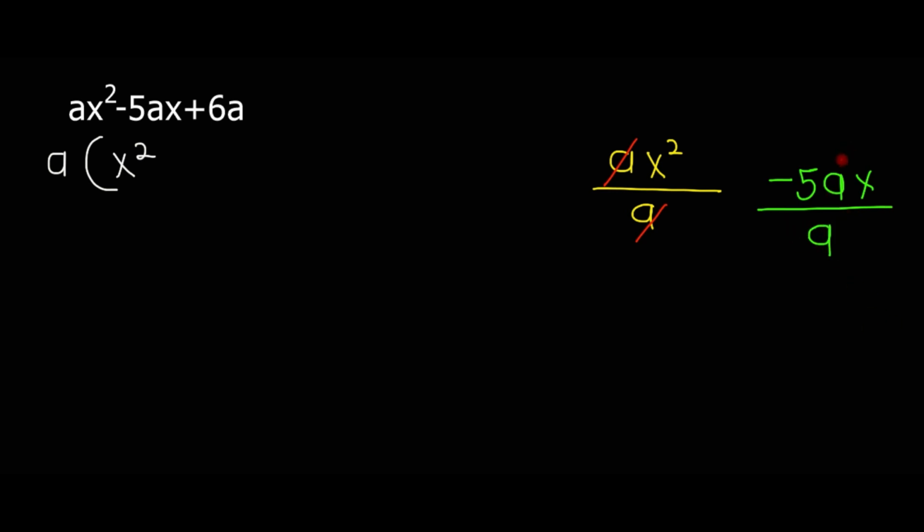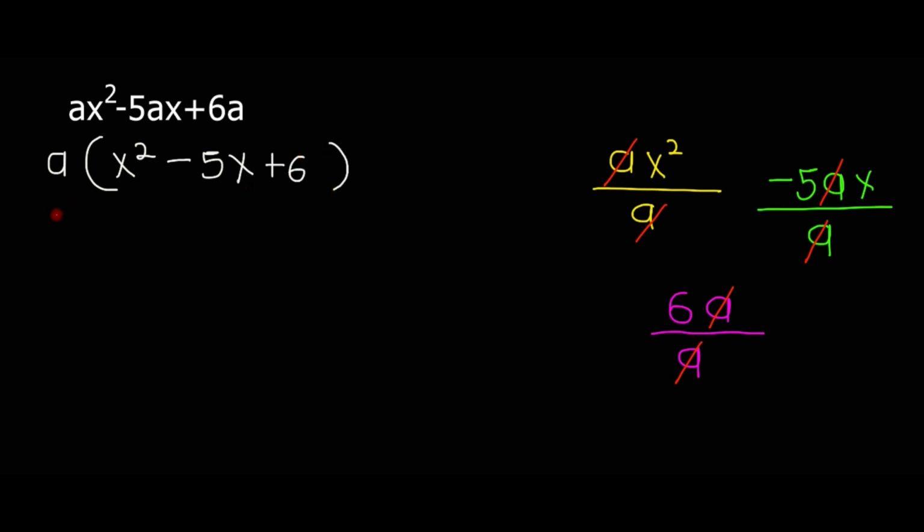This means a and a will cancel, therefore we remain with minus 5x, and then we do the same thing on this term. We'll have 6a, and then we divide by a, therefore a and a cancel. This means we remain with positive 6.